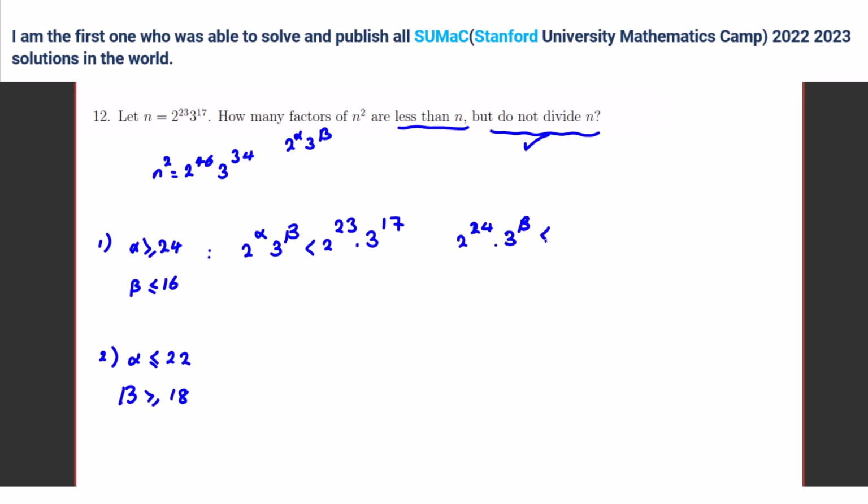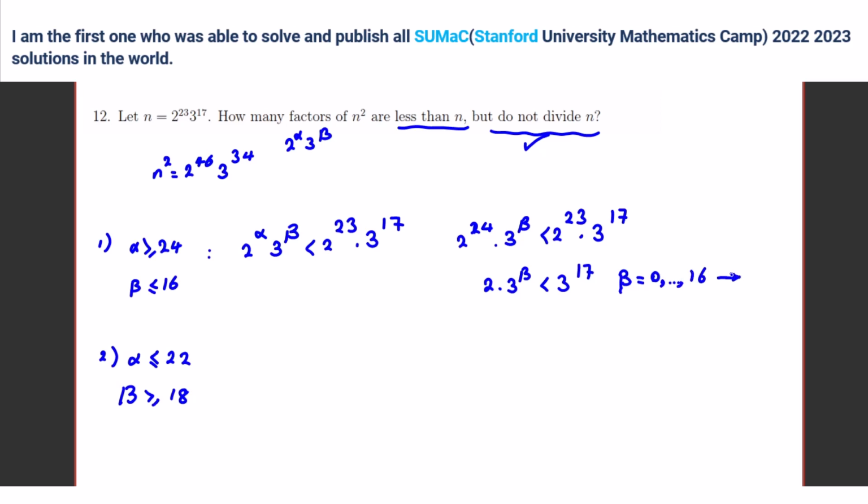For example, 3 to the beta is 2 to the 23 times 3 to the 17, right? So it is equivalent to what? 2 times 3 to the beta should be less than 3 to the 17, right? So beta can be from what to what? 0 to 16.